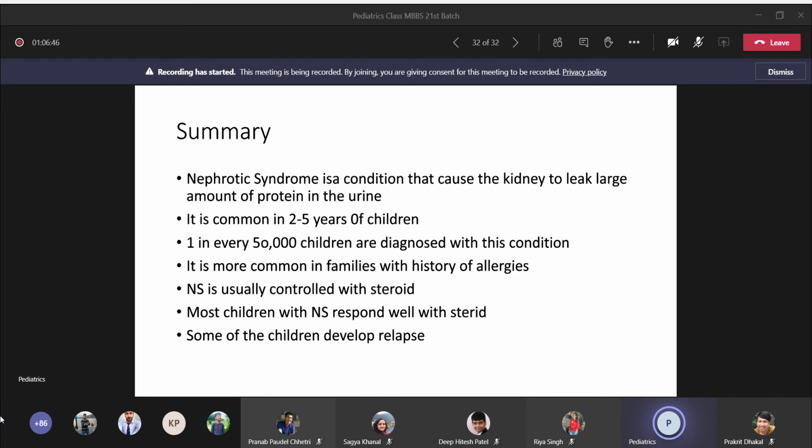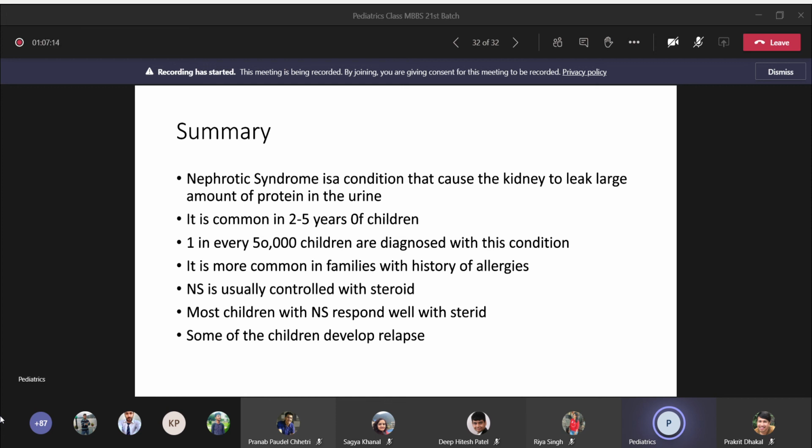So what will happen? Some of the patients will go into end-stage renal disease. And for end-stage renal disease, we have to do renal transplantation. But minimal change nephrotic syndrome does not need any type of renal transplantation. It responds very nicely. 90 to 100% of the patients respond nicely.